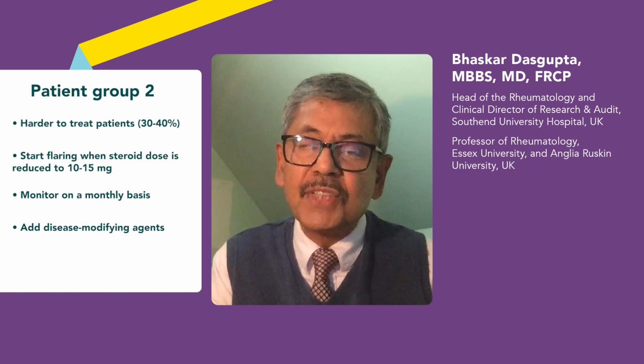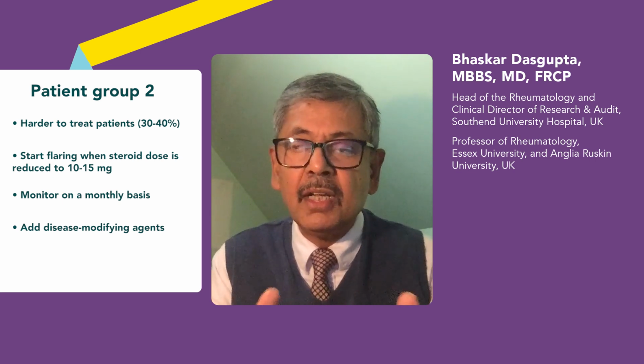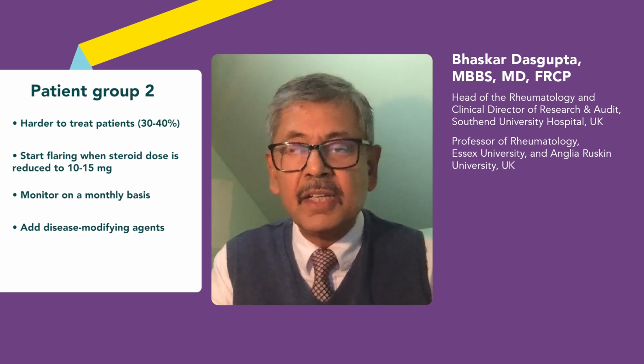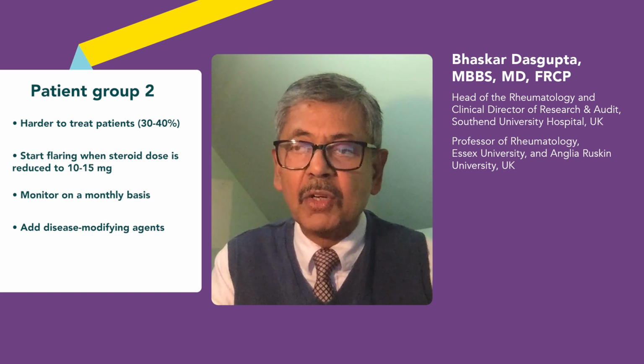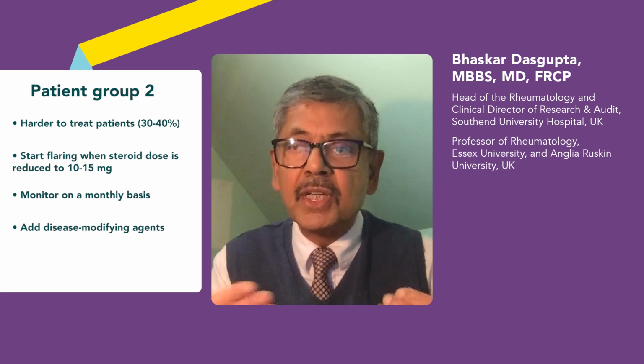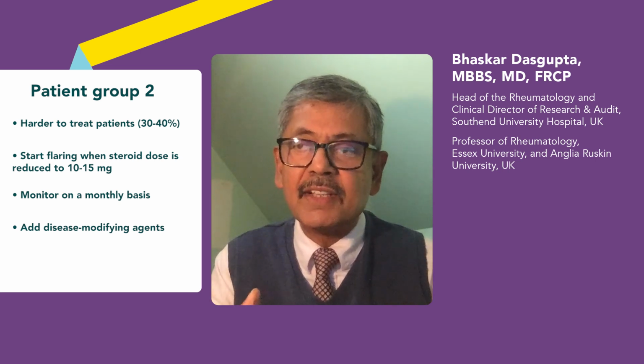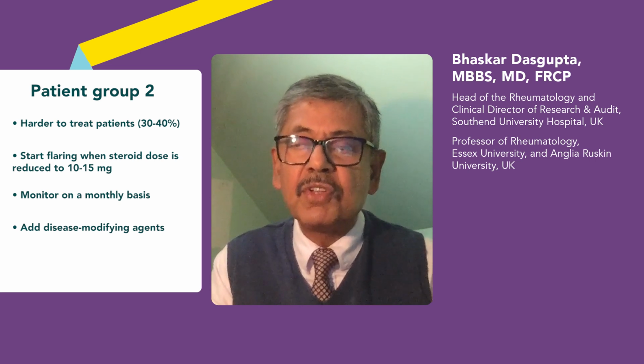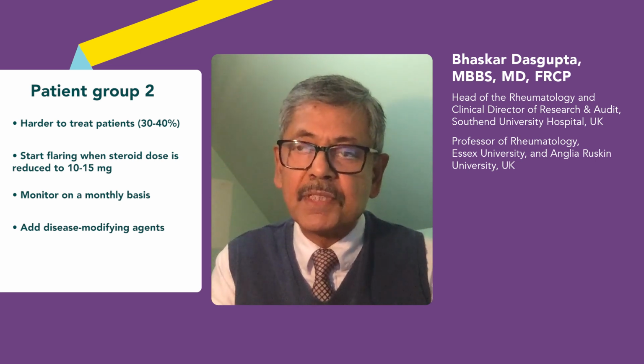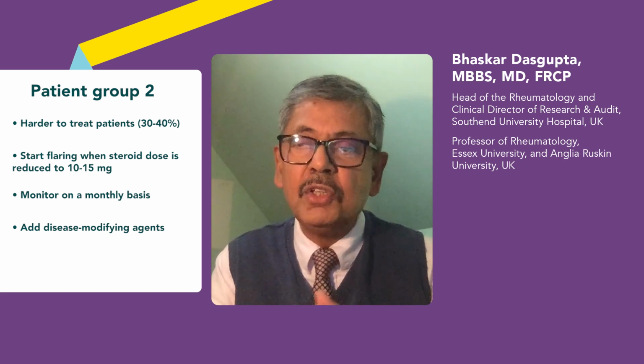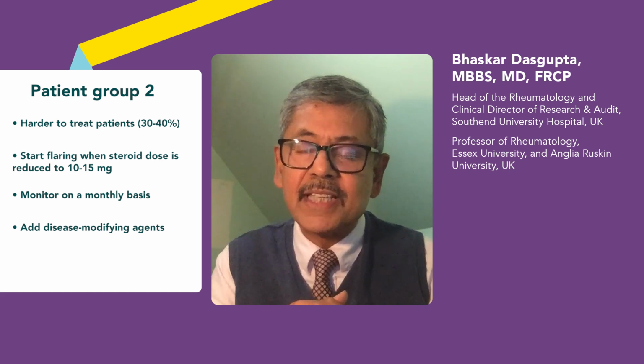And once you've got them into remission, whilst using DMARDs or biologics, then again, you can ease your foot off the accelerator, and you can give them 3 monthly intervals in which you look at their disease activity.